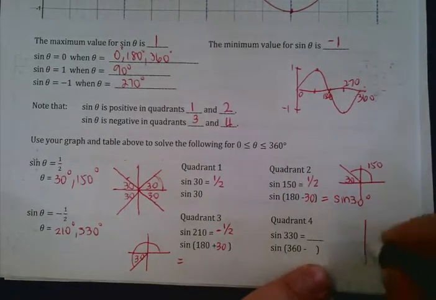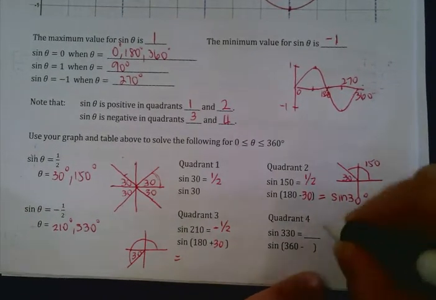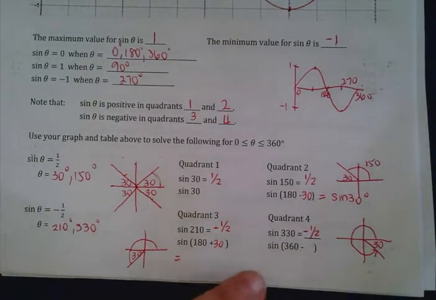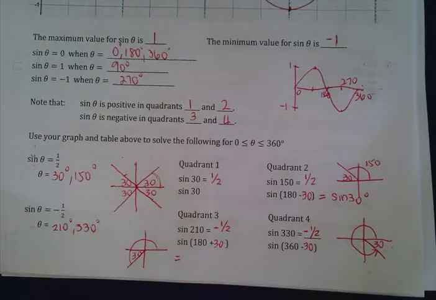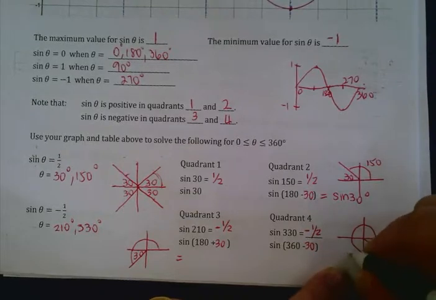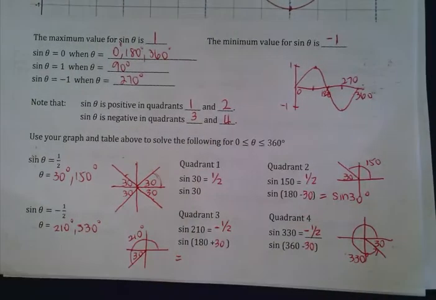And quadrant 4, if I've got a 30-degree angle in there, that angle going all the way round, sine 330 we know from our graph was negative a half, but sine 330 is sine of 360 minus 30. You know, like it's 360 minus theta, all right? So that's 330 around there. Now that's 210 around there.